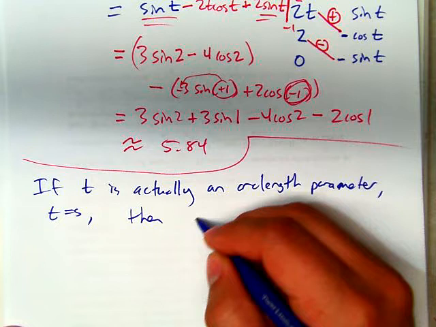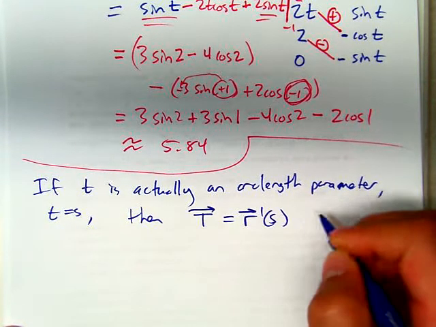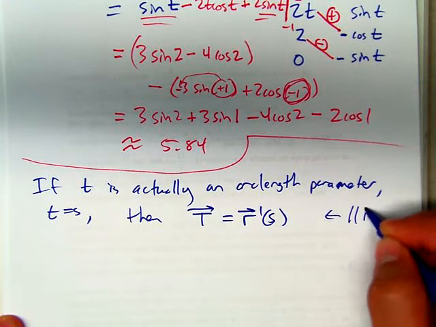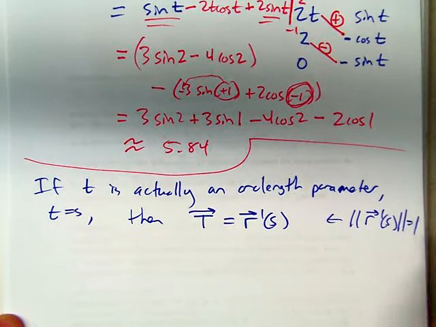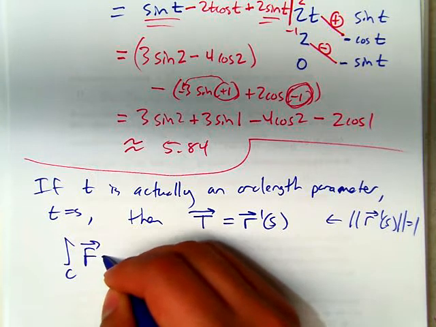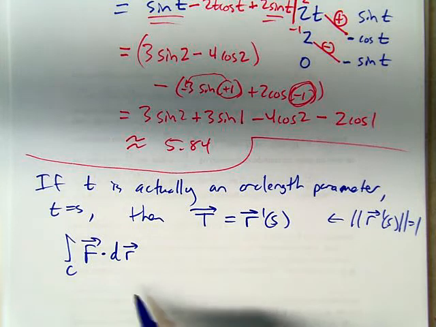Then the unit tangent vector is actually equal to r prime of s. This is one of those properties from chapter 12, and this is because the magnitude of r prime of s is constant. We get 1 there for an arc length parameterization. So we're going to look at the line integral formula and interpret another way to look at a line integral along a curve in a vector field.